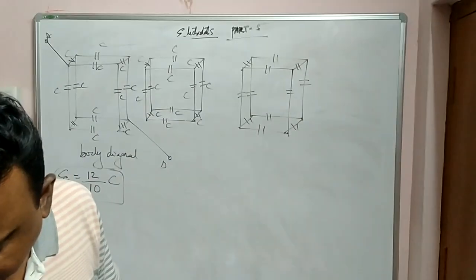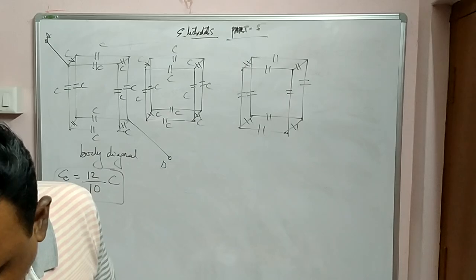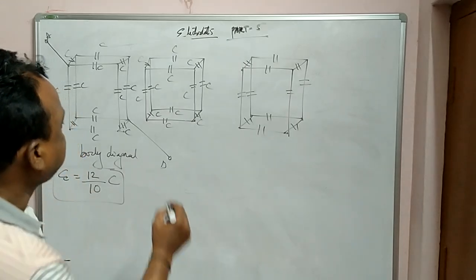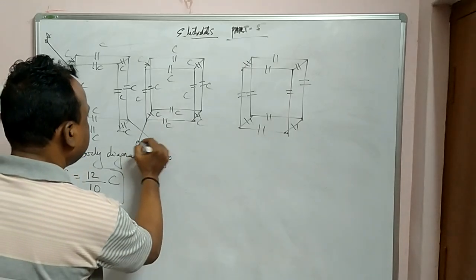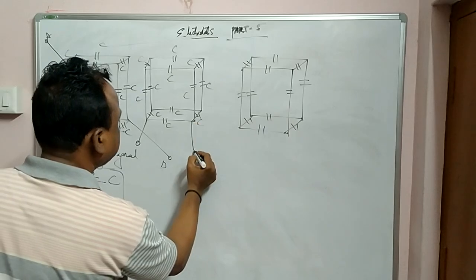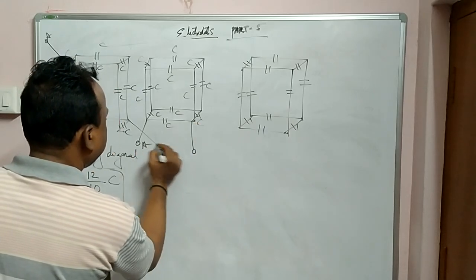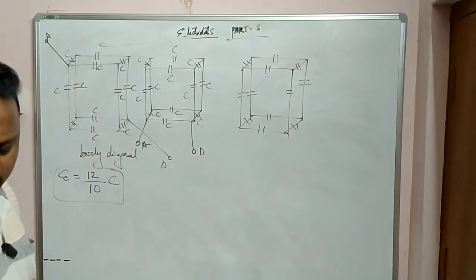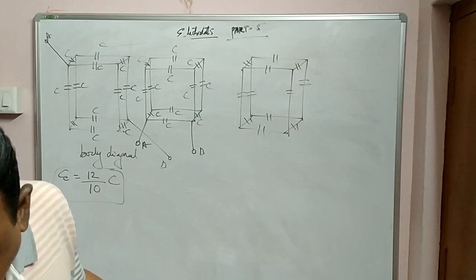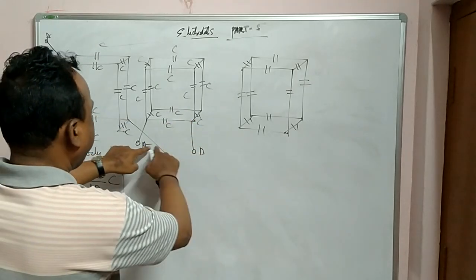Now the second case, if you ask about the side. This is the side, A and B. Between these two, A and B, what is the effective value if you ask?